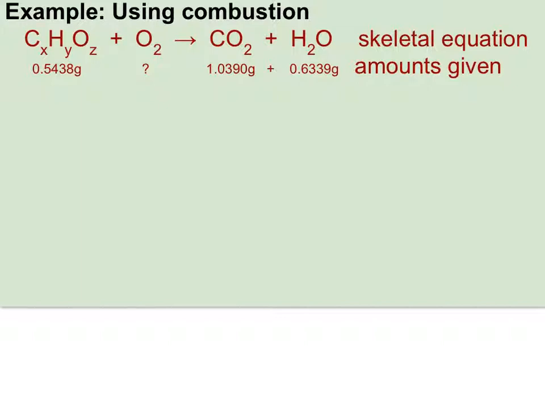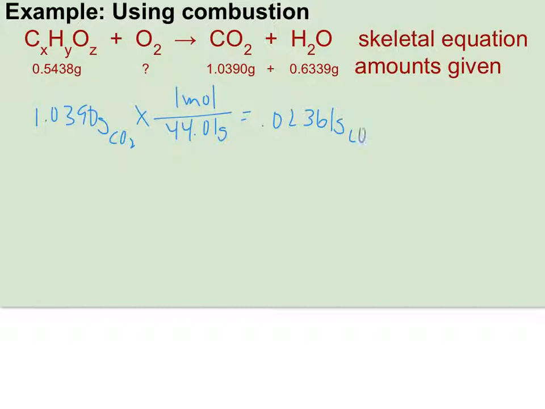So the first step said to go ahead and convert the products to moles. So I'm going to take the 1.0390 grams of CO2. Using my periodic table, I see that 1 mole of CO2 weighs 44.01 grams. So that's 0.02361 moles of CO2.